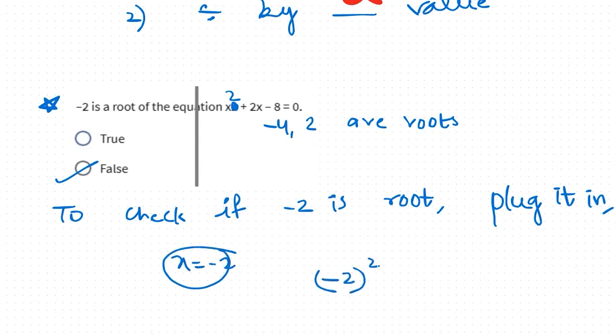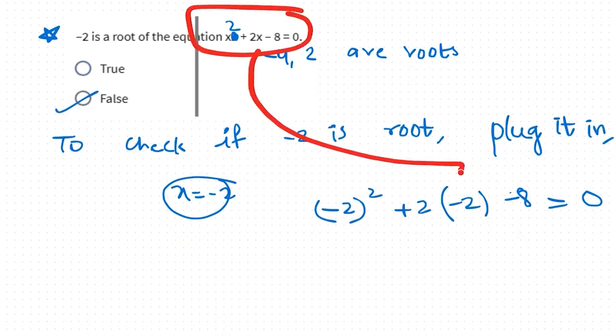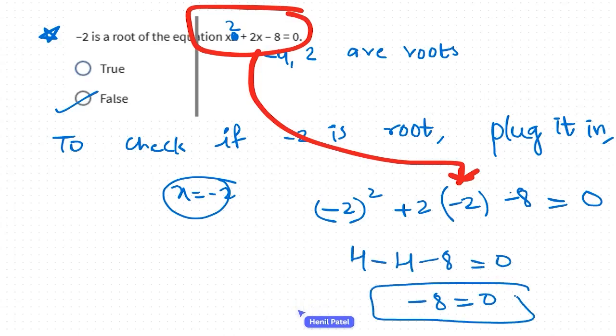So negative 2 square plus 2 into negative 2 minus 8. If it's 0, then only it will be true. So this is minus 8 equal to 0, not correct. So therefore 2 is not a root, and negative 2 is not a root.